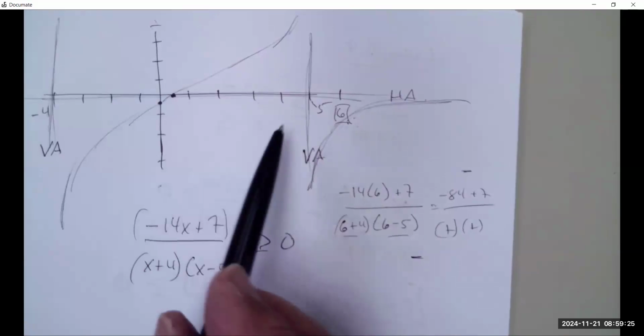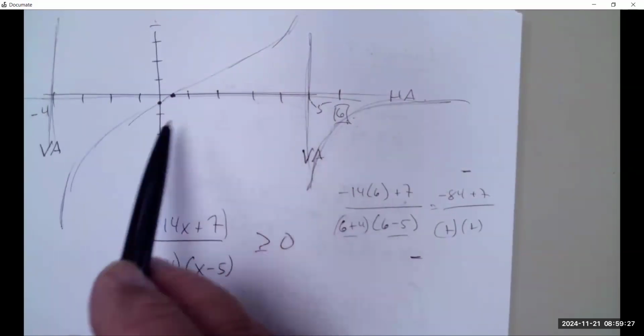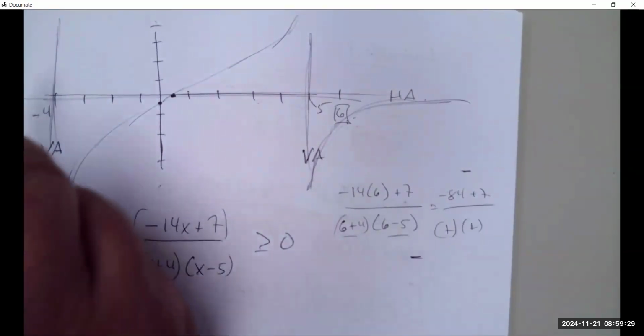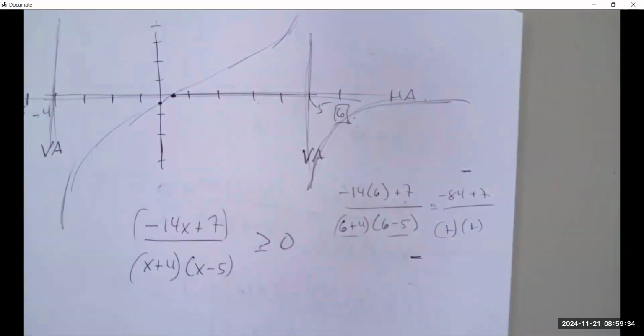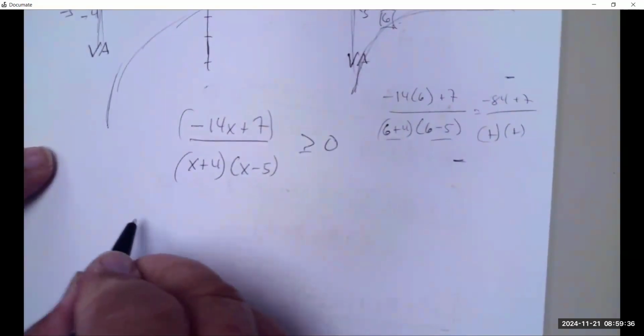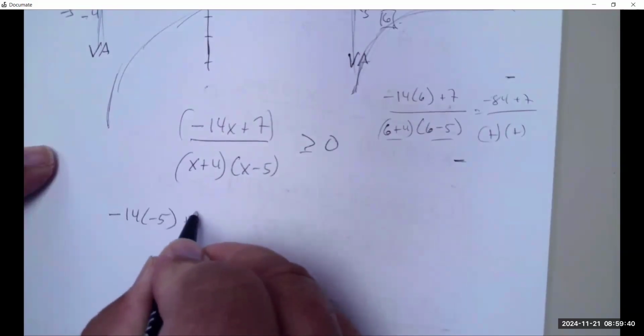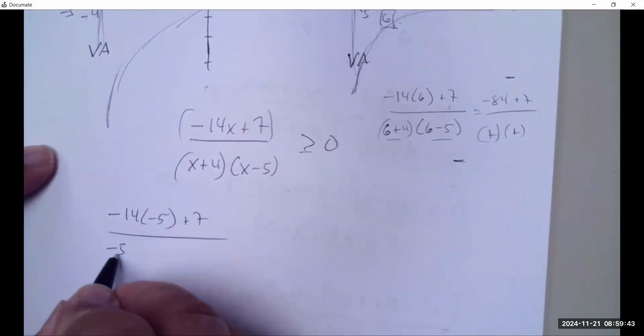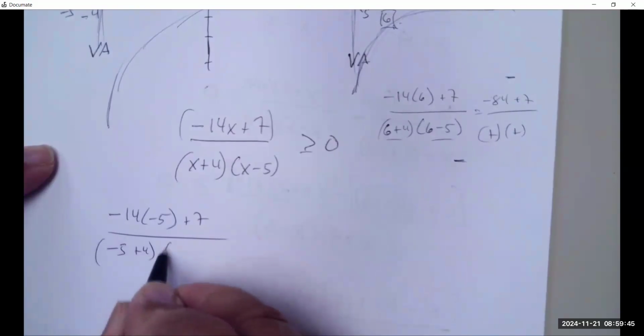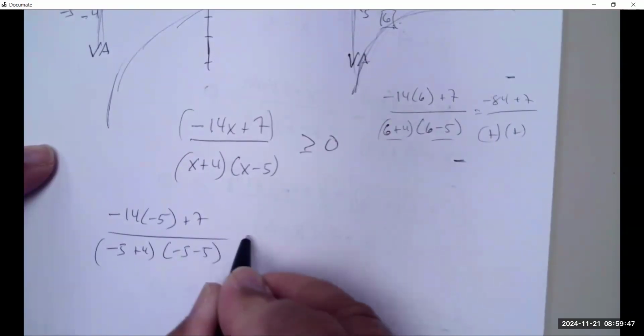Since we have the middle domain taken care of because of these intercepts, look at the left side of negative 4, the other vertical asymptote. Take negative 5. So we have negative 14 times negative 5 plus 7, over negative 5 plus 4, times negative 5 minus 5.